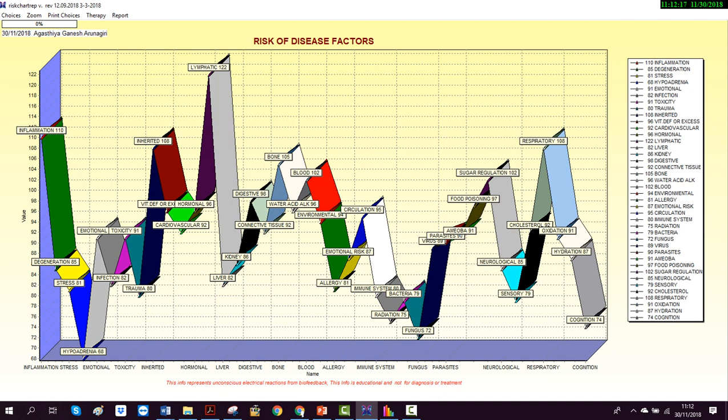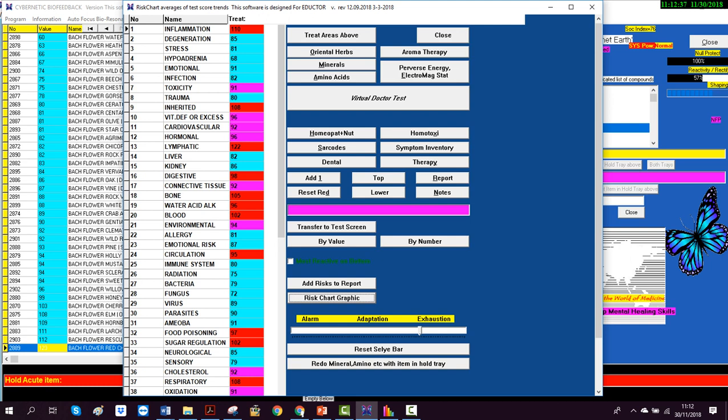And also we are concerned by the peaks below, so we would have hypoadrenia, fungus, cognition, the brain. And then we have here some therapies, but we will not be involved with the therapies today. But it shows us some indication very nicely.